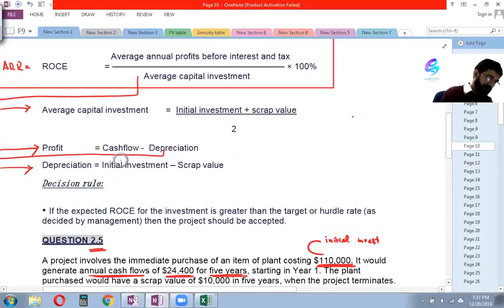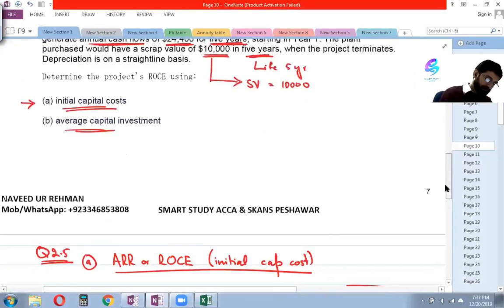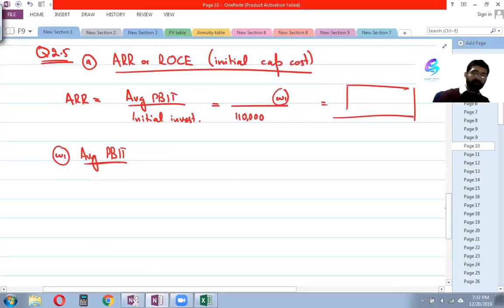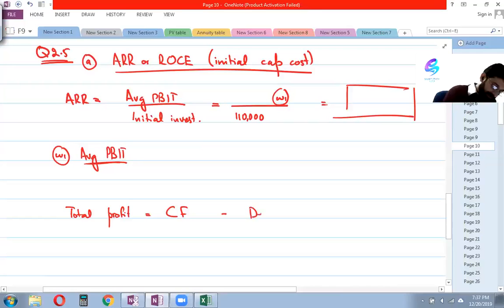How do you do it? Profit is equal to cash flow minus depreciation. So first we'll calculate the total profit, and then the average profit. Total profit is equal to cash flow minus depreciation.